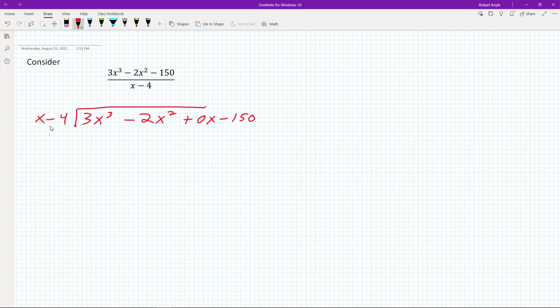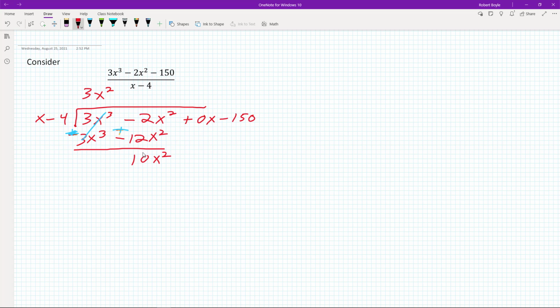We multiply x minus 4 by something which will give us 3x cubed, and that of course would be 3x squared. 3x squared times x is 3x cubed, and 3x squared times negative 4 is negative 12x squared. Then we subtract, which is equivalent to changing the sign and adding, so these will cancel, and over here we will have positive 10x squared.